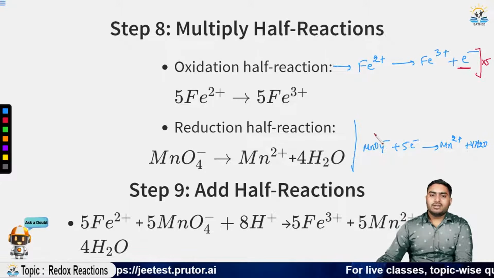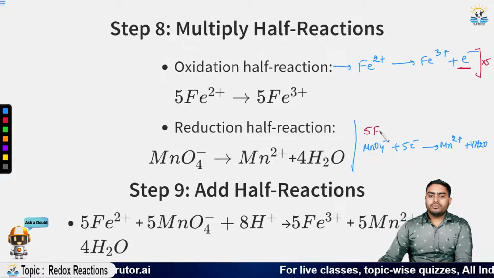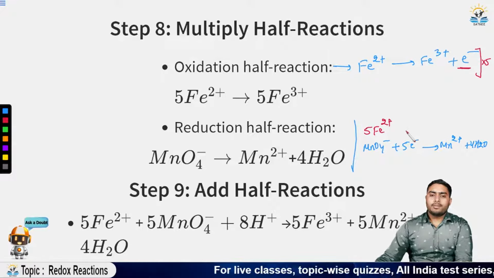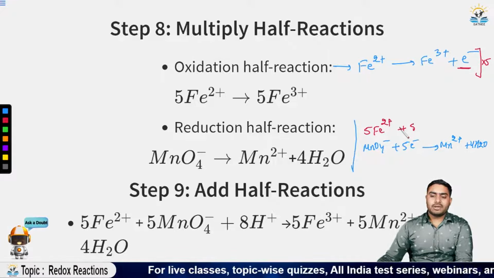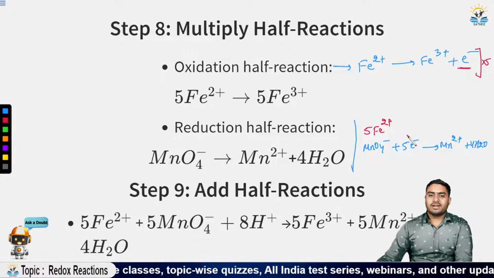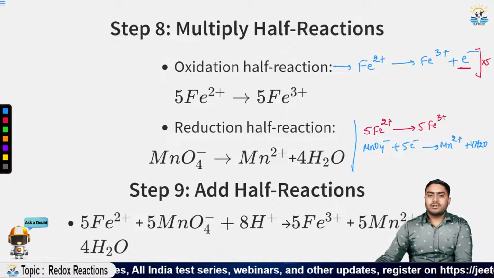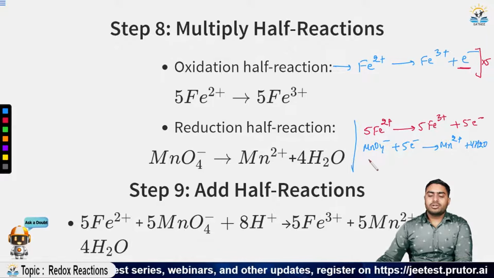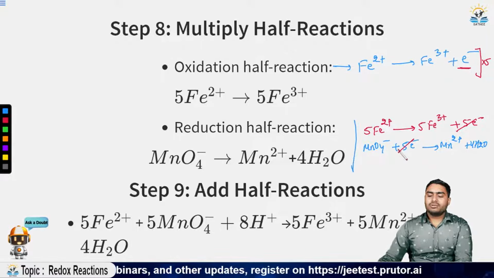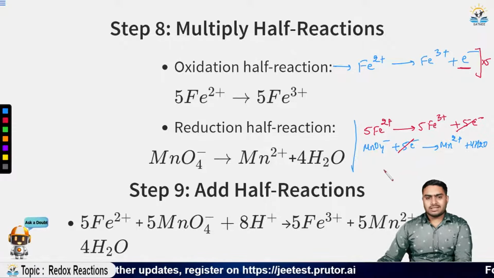So what you can write: 5 Fe2 positive gives 5 Fe3 positive plus 5 electrons. Then you can see 5 electrons on both sides, you need not show them, you can cancel them out.